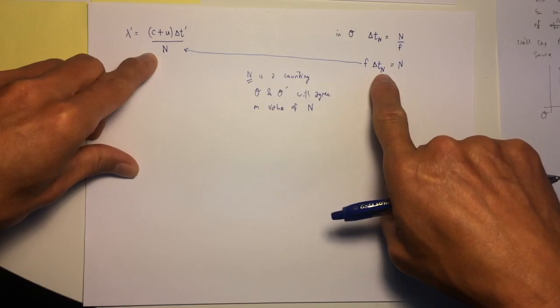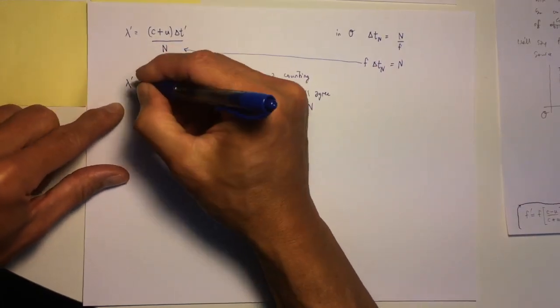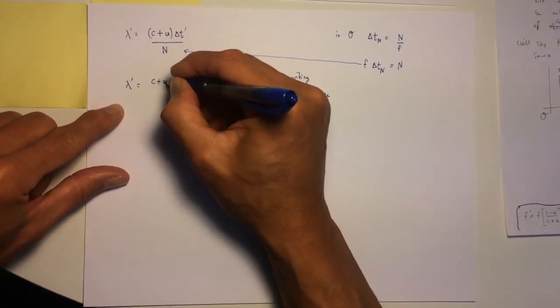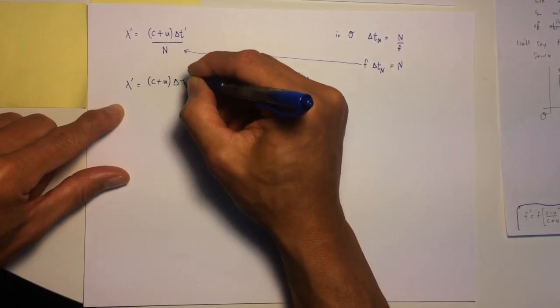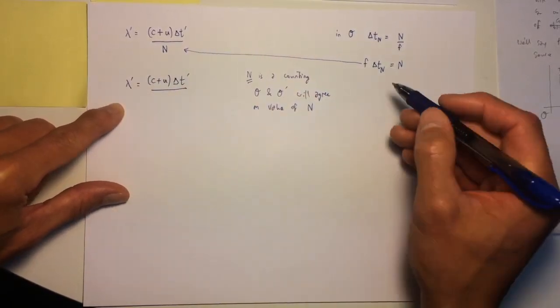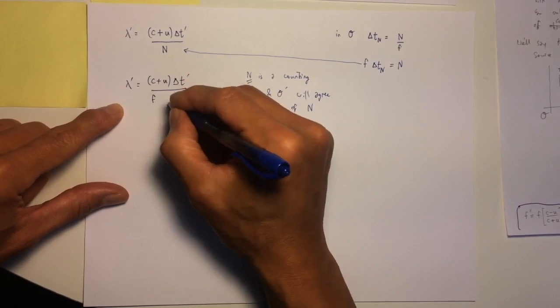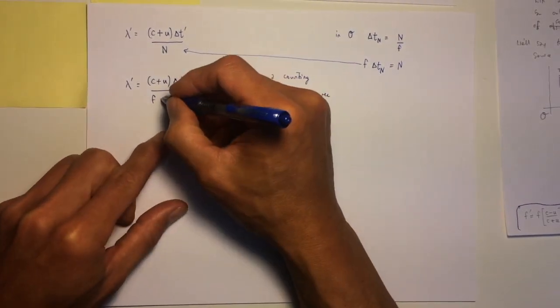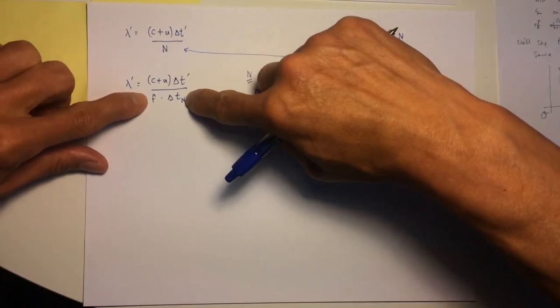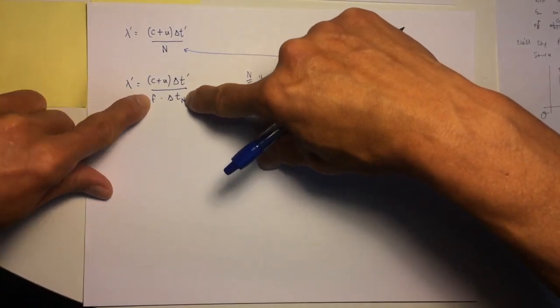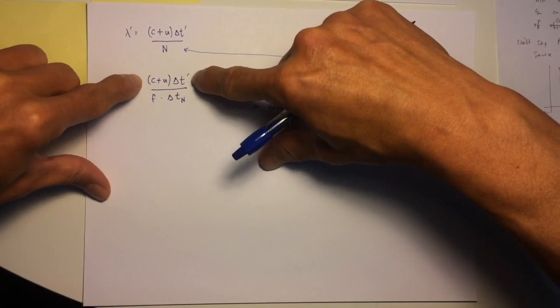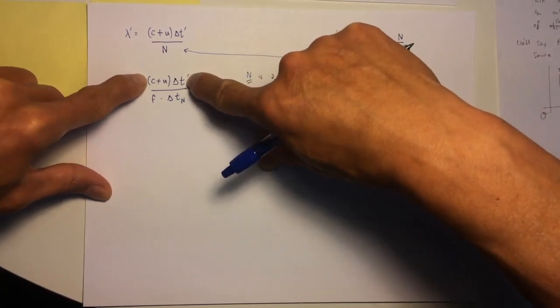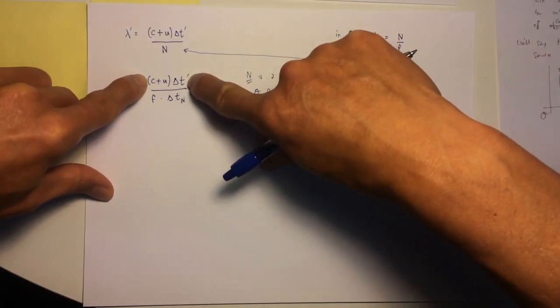So let's put this right there, and so lambda prime is equal to c plus u times delta t prime divided by f times delta t sub n. And the reason why this is interesting is because the bottom is all information or data from O, and the top is, in a sense, all information or data from O prime.